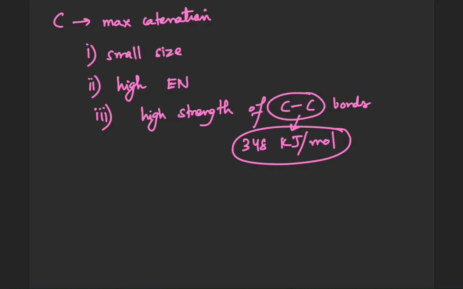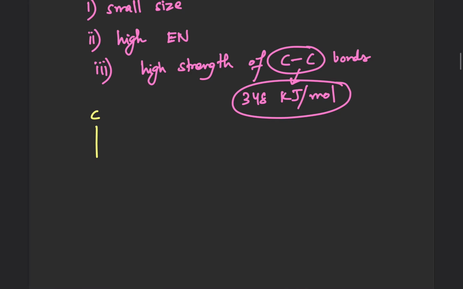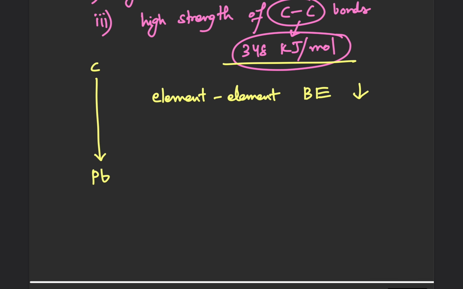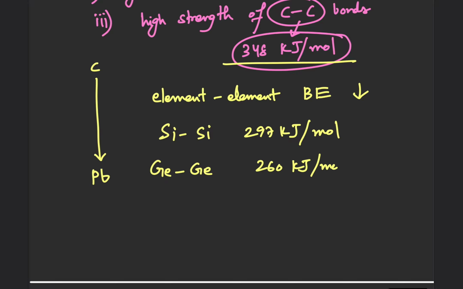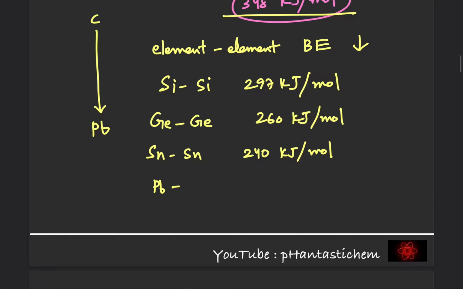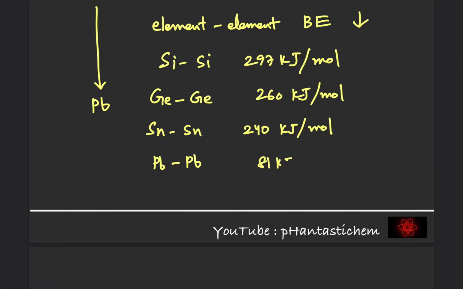And as we move from carbon to lead down the group, the element-element bond energy decreases. For example, in C-C, we know it is 348 kilojoules per mole. In silicon, the bond energy is 297 kilojoules per mole. Germanium is 260 kilojoules per mole. Tin bonds are 240 kilojoules per mole, and Pb or lead bonds are 81 kilojoules per mole.